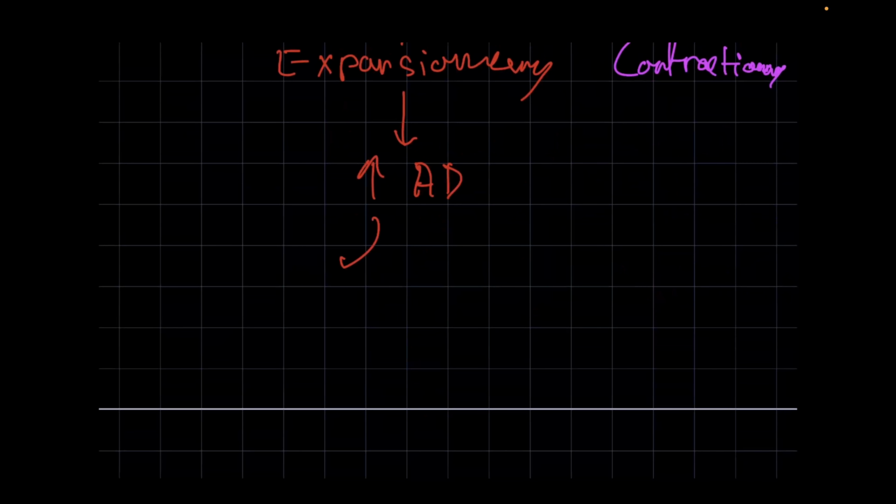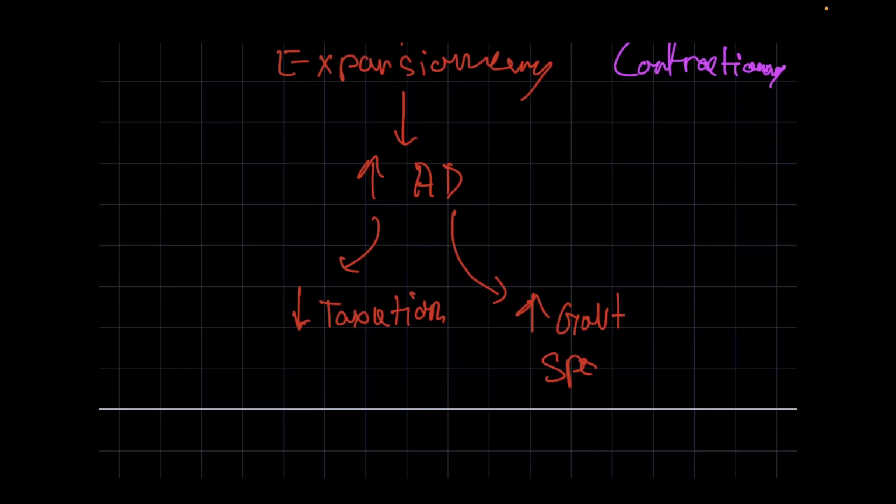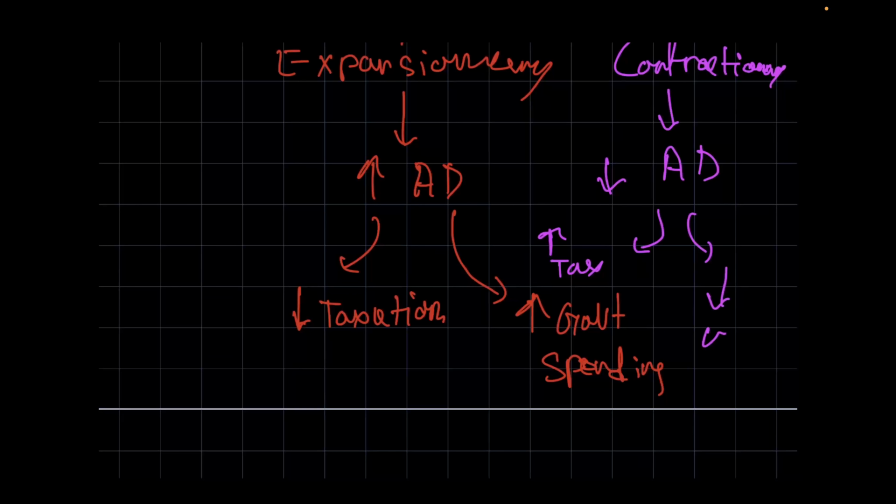Now examples of these could be lowering taxation or higher government spending. On the other end, when you look at contractionary, it is essentially in order to decrease aggregate demand, and that could happen through more tax, could also happen through lower government spending.